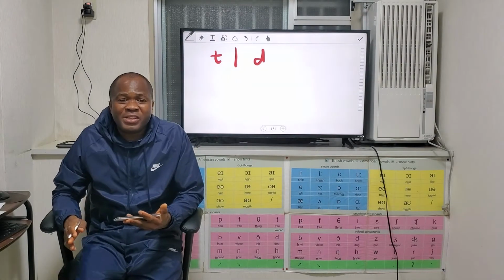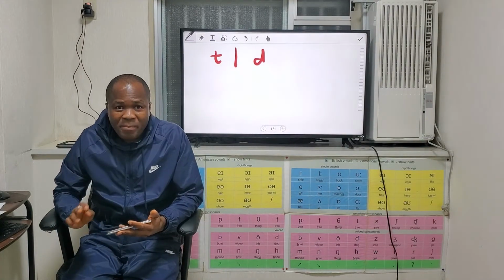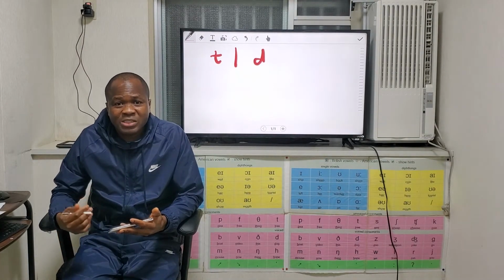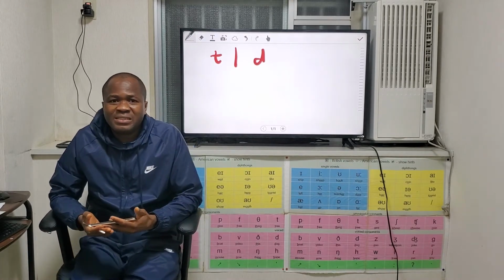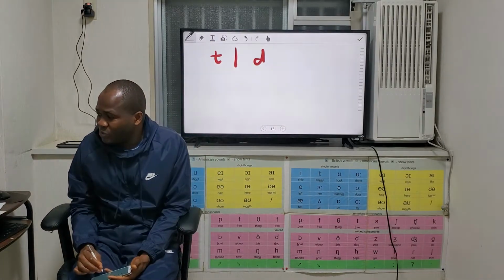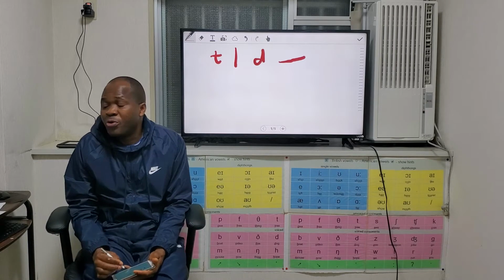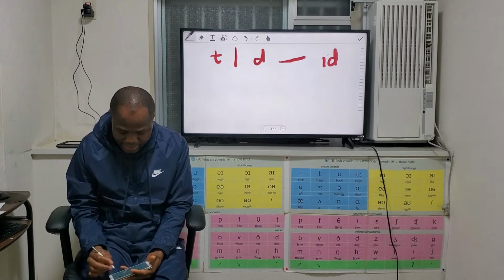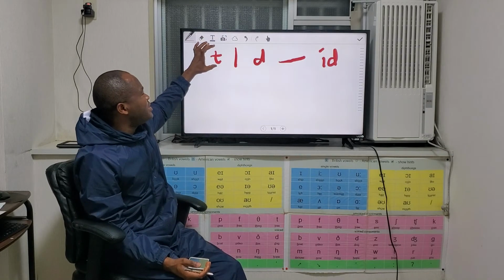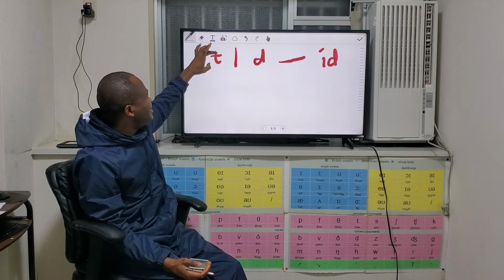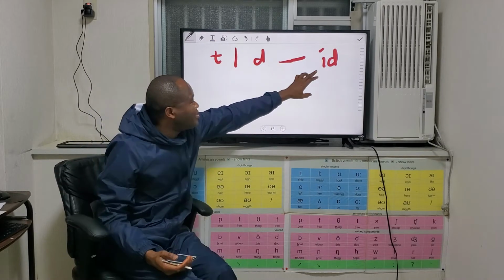Anytime an infinitive ends in a sound like t or d, we usually pronounce it as id. So whenever the infinitive ends with a consonant t or d, remember t and d, it is pronounced id.